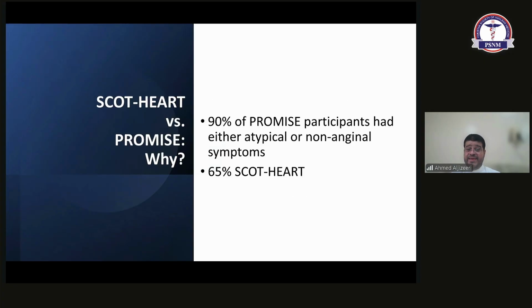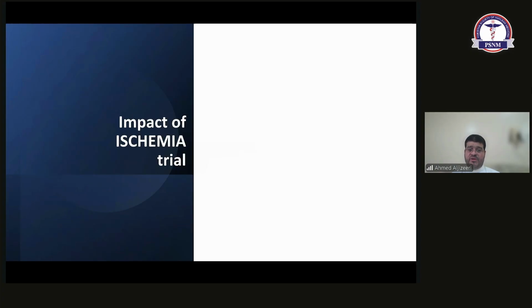One final thing, Scott-Hart had a lower proportion of patients with typical and non-anginal chest pain compared to PROMISE, almost a third extra. So probably PROMISE represents a more advanced patient with higher risk compared to Scott-Hart, and this is why we did not see the same presentation or same outcome that we see from Scott-Hart.